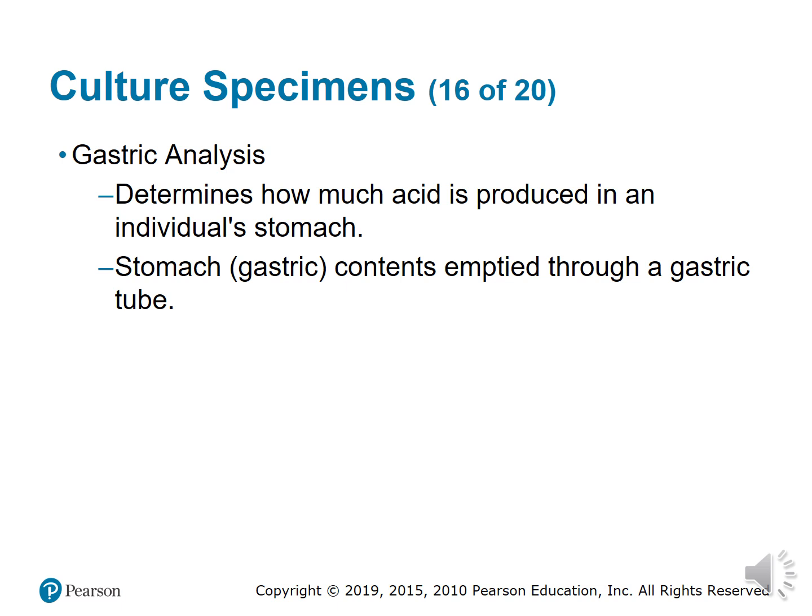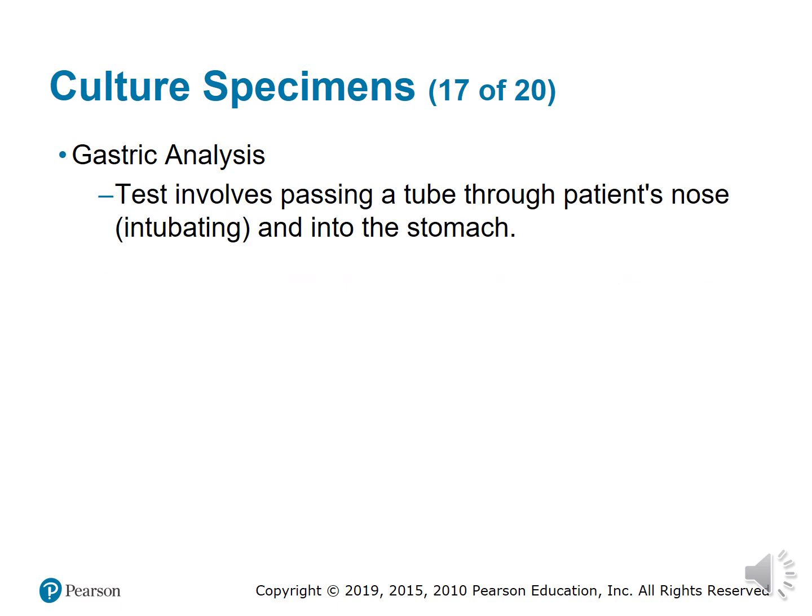Gastric analysis, this is to check your GI tract, your stomach. Basically, it's the emptying out of it, where they put a tube that goes up your nose and they intubate you, and it goes from your nose to your stomach, believe it or not. So there's a tube that goes into your nose, down into your stomach.